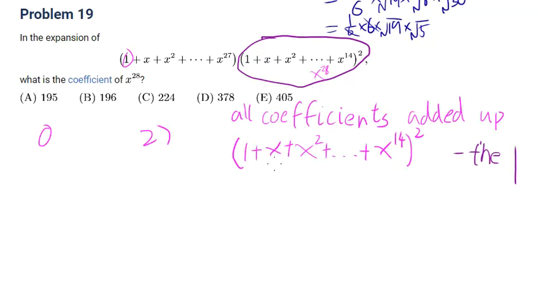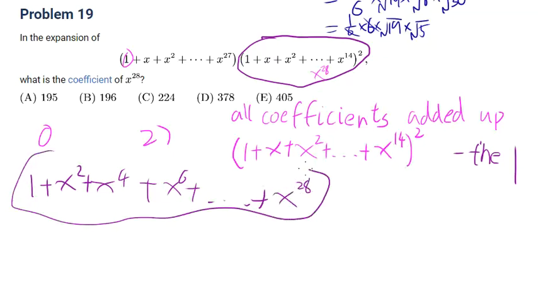So of course we have to expand it. First we will have 1 plus x squared plus this squared plus this squared, and so on, plus this squared. Of course this is the first part. All the coefficients here add up, once again not counting the one, and that's just 14.